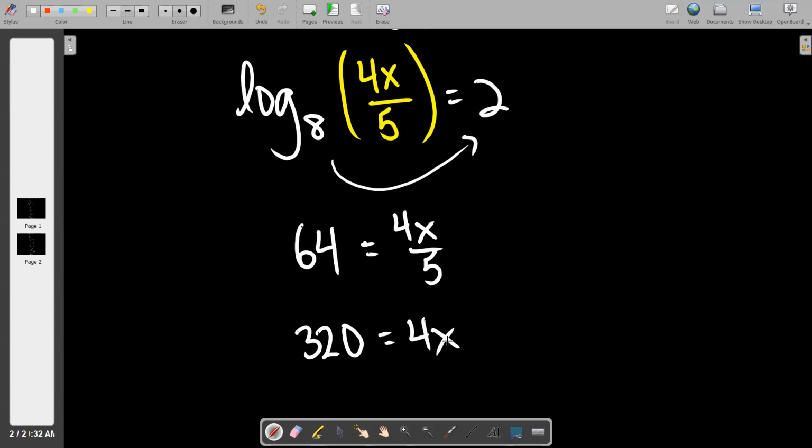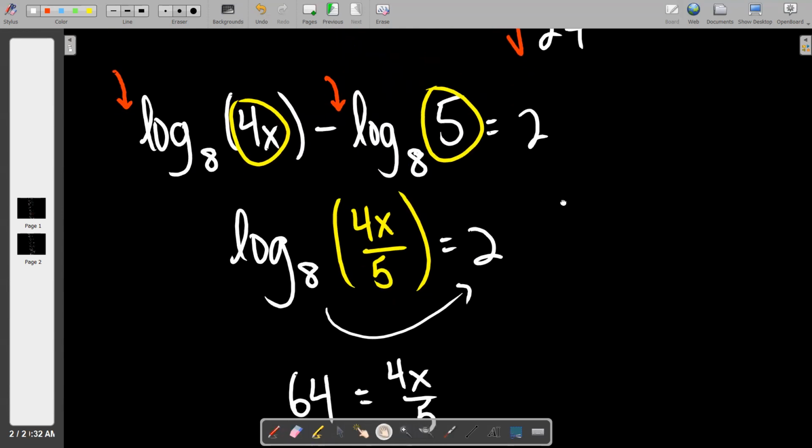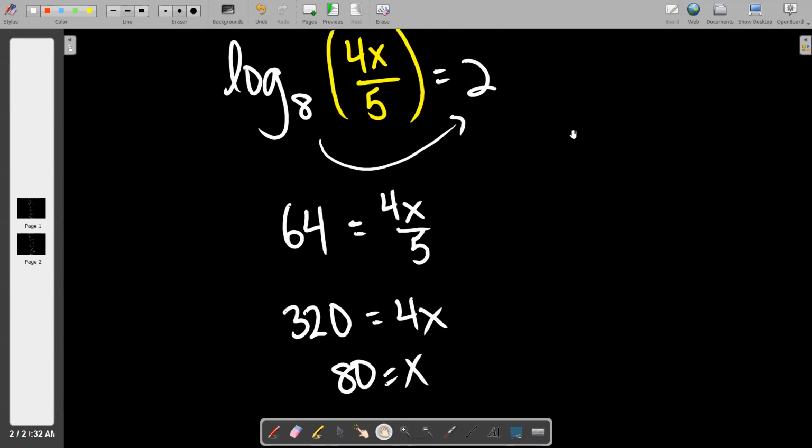Next step, divide by 4. And of course, you'd want to go back and verify that 80 is okay, but you can clearly see that 80 is going to cause no disruptions to the math gods here. Questions there? Next one.